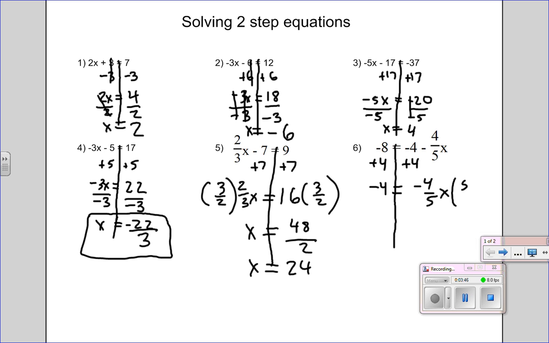So 5 over negative 4 on both sides. 5 times negative 4 is negative 20, negative 4 times 5 is negative 20. So that's just 1. Here we get 5 times negative 4, negative 20, over negative 4. The negatives cross out, so you're left with x equals 20 over 4, which goes 5 times.